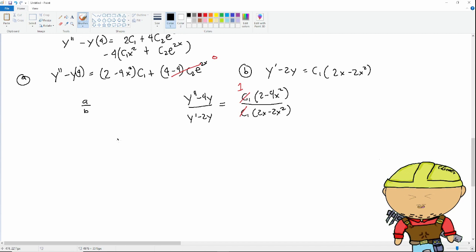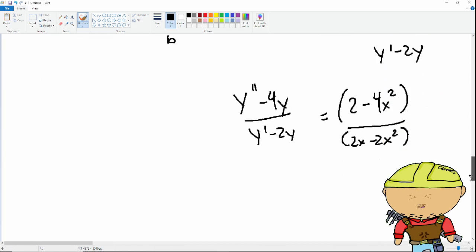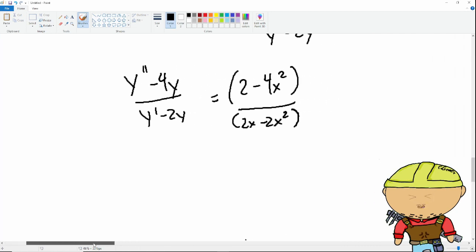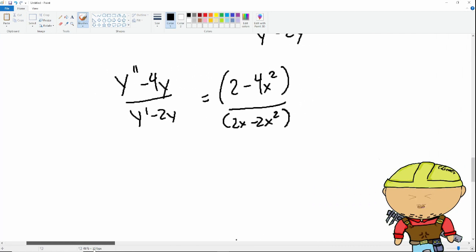And simply by simplification, we can now get our differential equation. Let me write this down more legibly. Okay, I'm going to zoom in. This is now our differential equation, but we're going to simplify it first for presentation purposes. Notice that on the left hand side there's no common multiple.